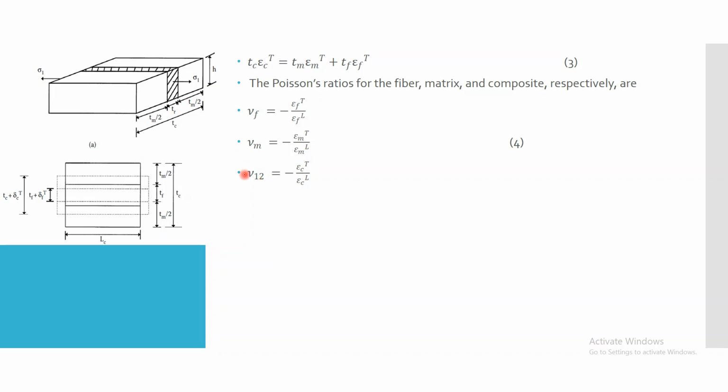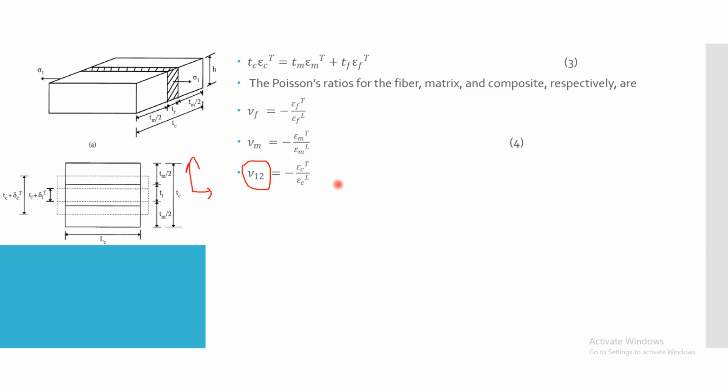That is denoted by nu 12. It is nu, not nu C. So instead we represent that as nu 12, because it is in terms of 1-2 direction. So therefore, similar relation that we need to observe, that is transverse strain to the longitudinal strain.